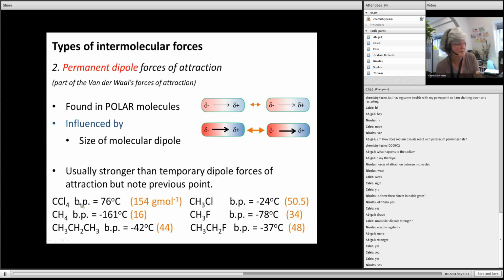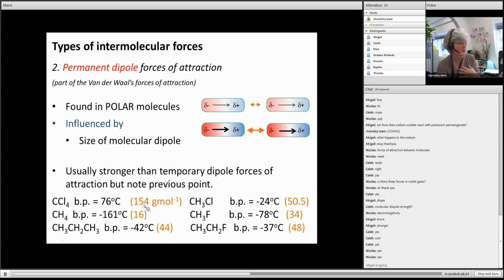So we've got something that's non-polar compared to something that's polar, but this one has got stronger forces of attraction than the polar one. And that's because of the temporary dipole forces of attraction being dependent on mass, and the mass of this is way, way, way bigger, nearly 4 times bigger than the mass of this. Does that make things clear?